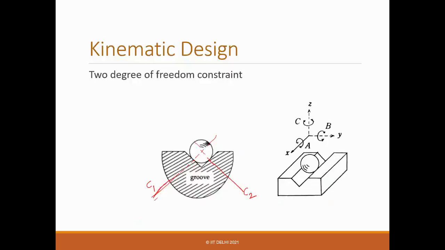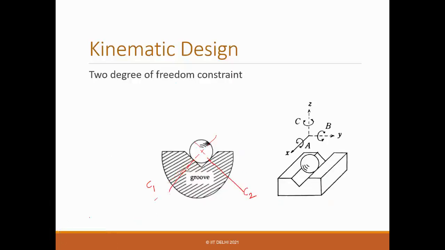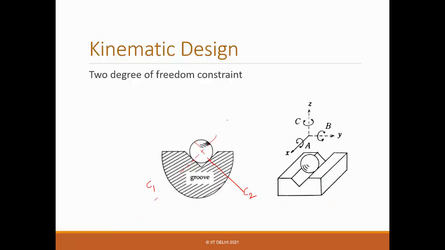So if I ask you to, okay, let me, I don't know how to get the eraser. Getting messy. Plane, yes. So these are 2 constraint lines, right?